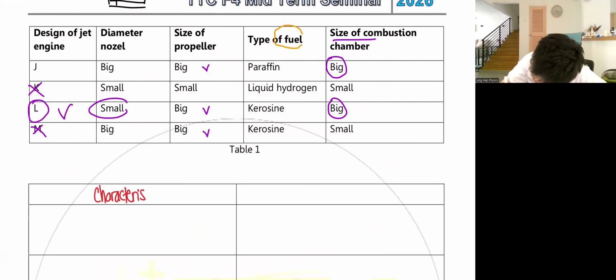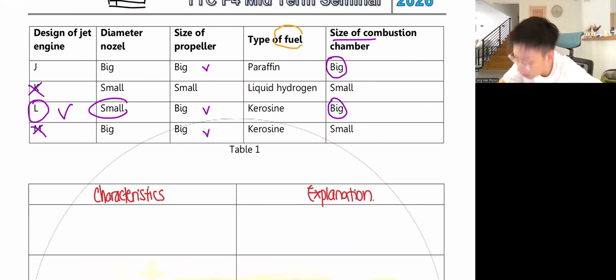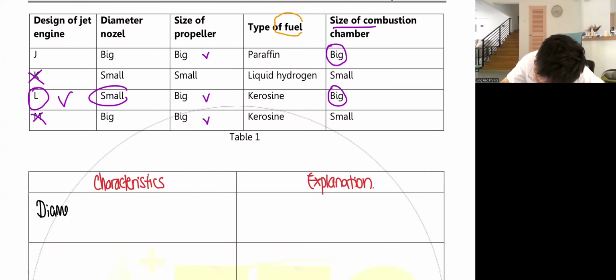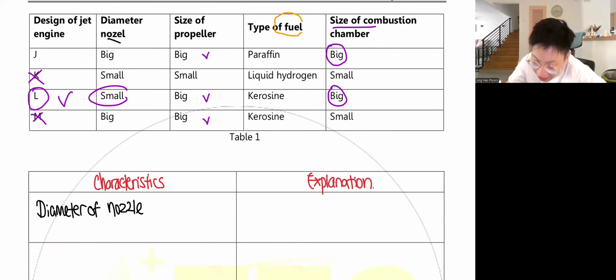Okay. We have characteristics and then we have explanation. Okay, so anything else is not important, please write down everything first. Okay, so we will say that the diameter of nozzle, guys, I think there's a spelling error here. It can't be NOZE. Nozzle is small, okay, small diameter of nozzle.